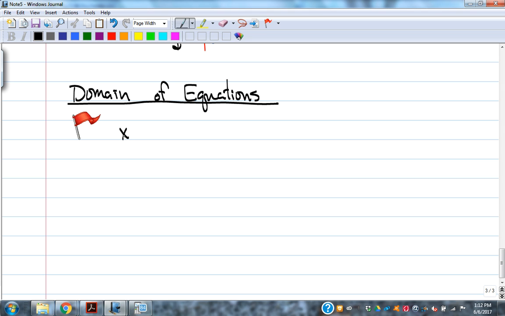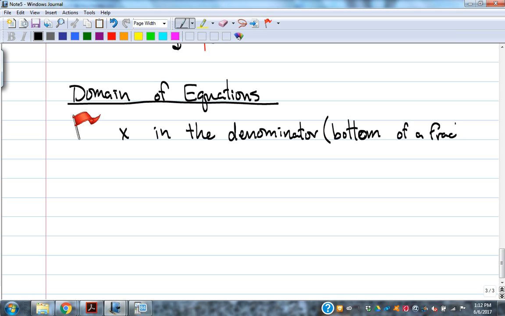The first one is x in the denominator. And remember, the denominator is the bottom part of a fraction. Only if there's an x in the denominator is there a problem. The other red flag is x's on the inside of a square root.